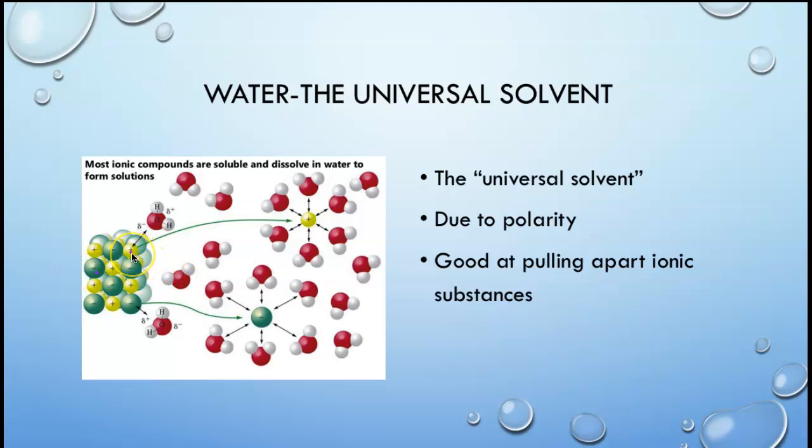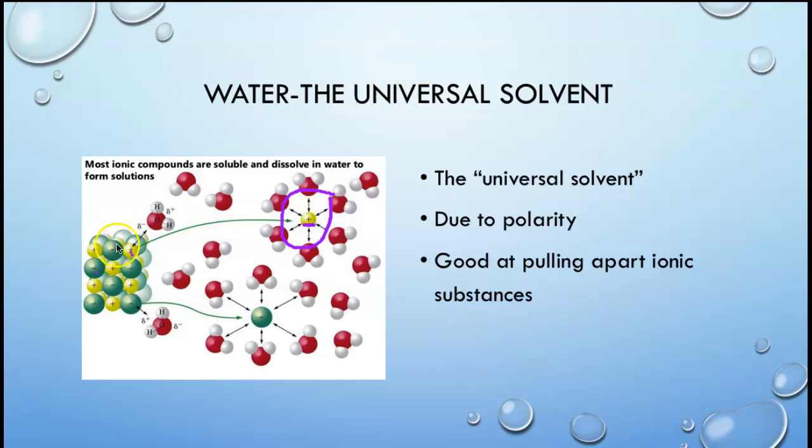This positive ion right here is attracted to the negative oxygen. So eventually these water molecules are going to pull this positively charged sodium out of the crystal and surround it. So the negative end of water is going to be surrounding that positively charged sodium.